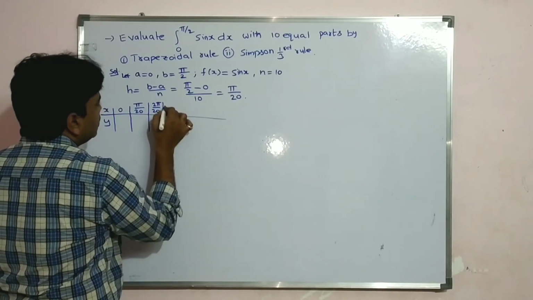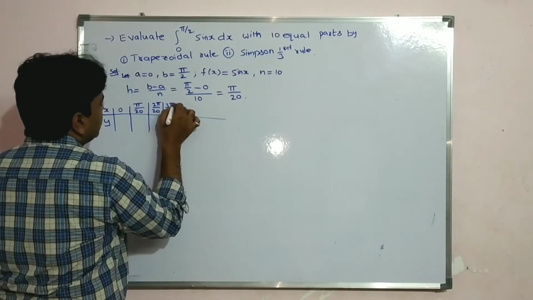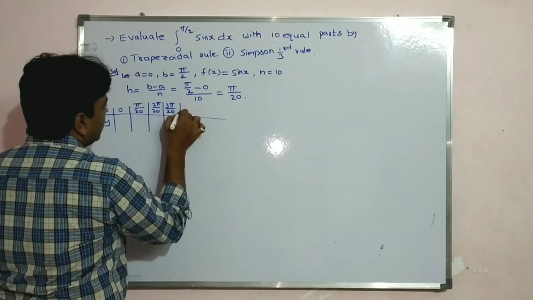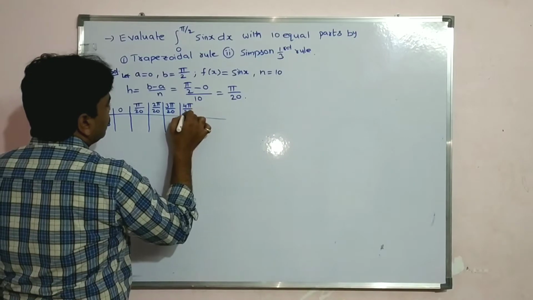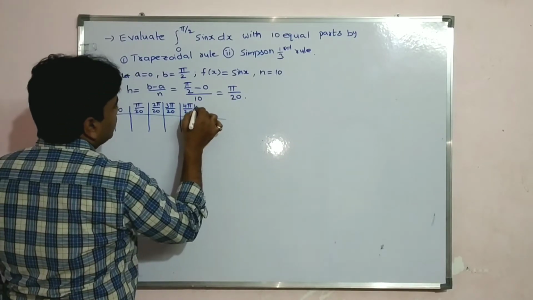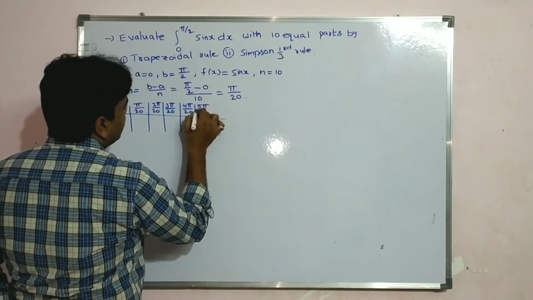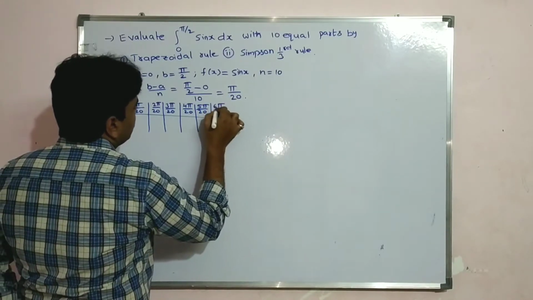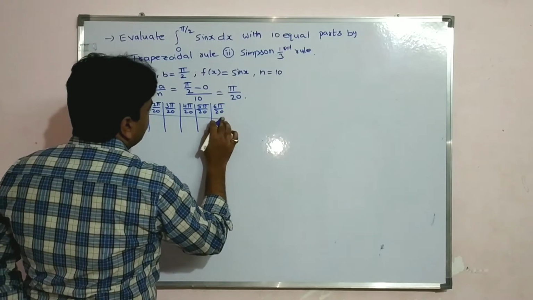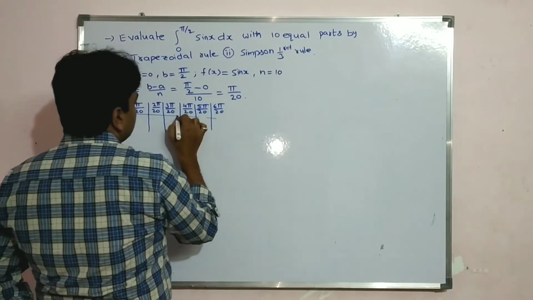Again you add pi by 20: 3 pi by 20, 4 pi by 20, 5 pi by 20, 6 pi by 20.